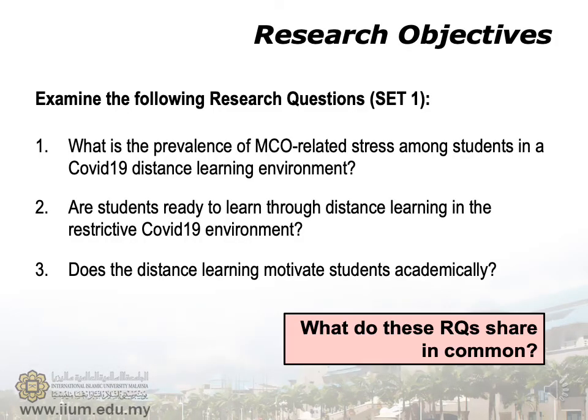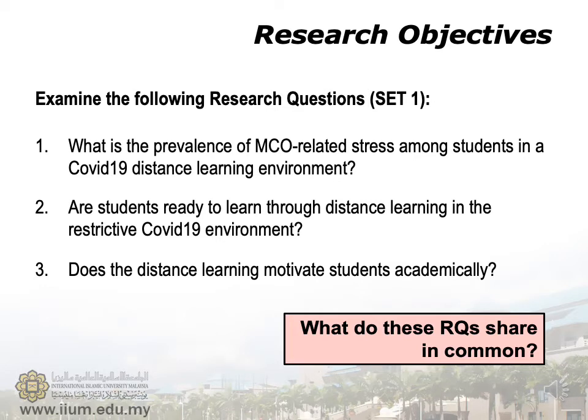Suppose we are interested in conducting research on student learning and well-being in the context of COVID-19 environment. Suppose we would like to know about occurrence of stress, readiness for e-learning, and academic motivation. We may formulate the following research questions. 1.